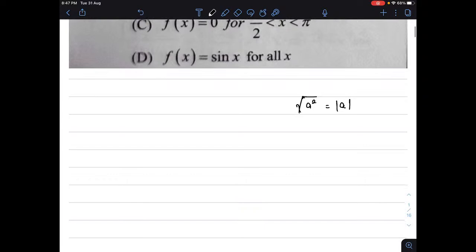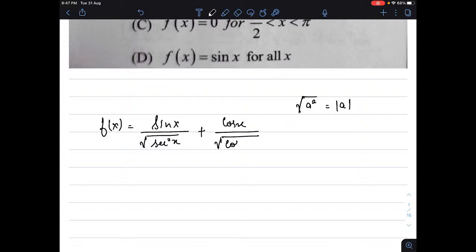So the modified form of f(x) may be written by us as sin x divided by square root of sec square x, and cos x divided by square root of cosec square x. Or we may write f(x) is equal to sin x divided by mod of sec x plus cos x divided by mod of cosec x.